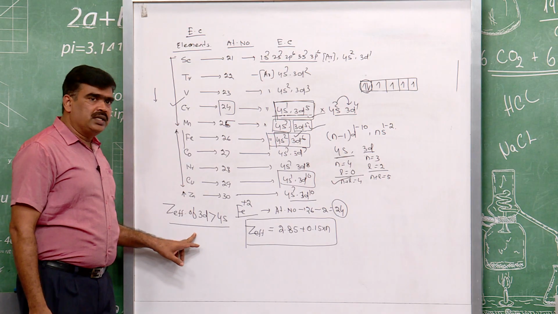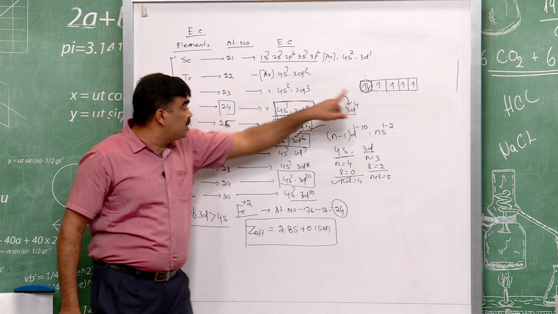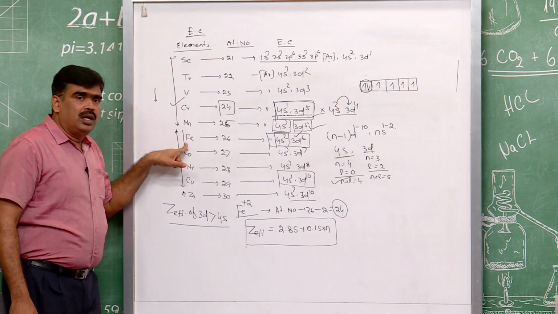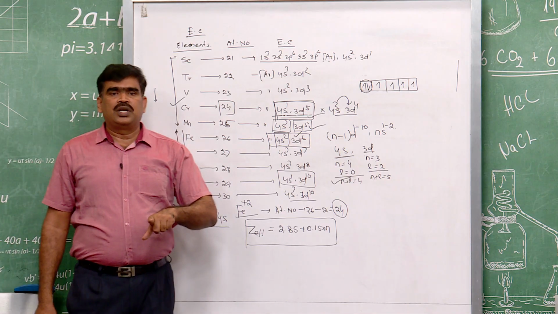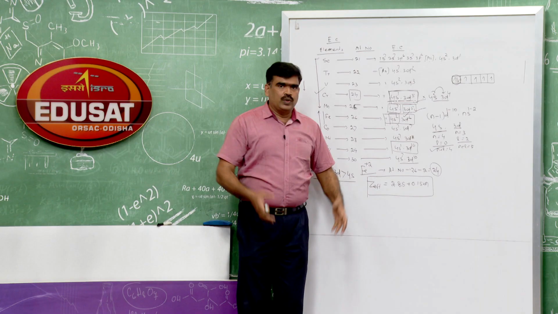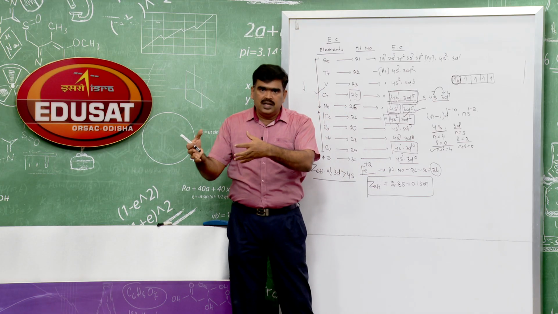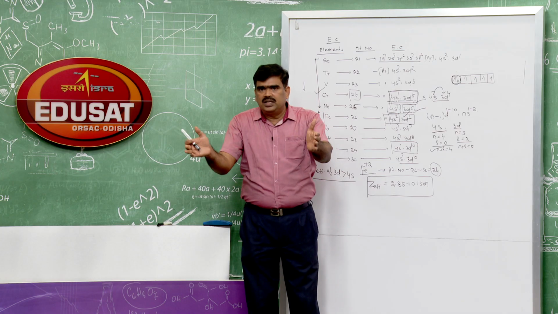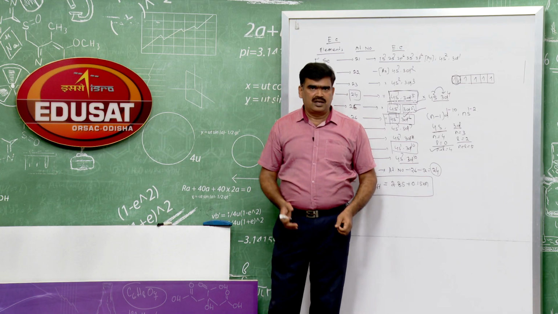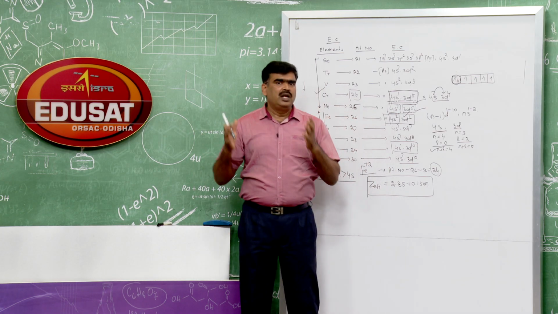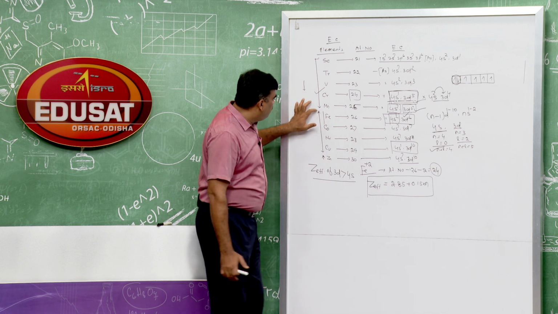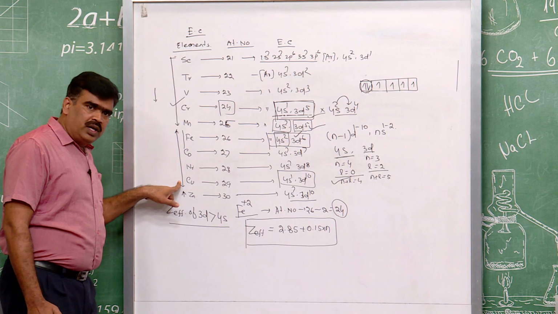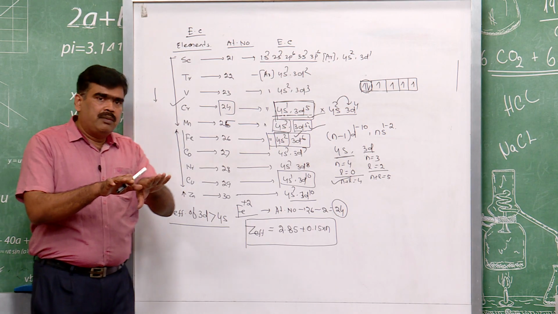Effective nuclear charge increases, and at the same time pairing of electrons starts with iron. Pairing means repulsion. So, attraction increases, repulsion increases. Attraction brings the valence shell closer and repulsion makes it move away. So, they cancel each other, and size remains constant up to copper. Here electronic repulsion and effective nuclear charge are balanced.